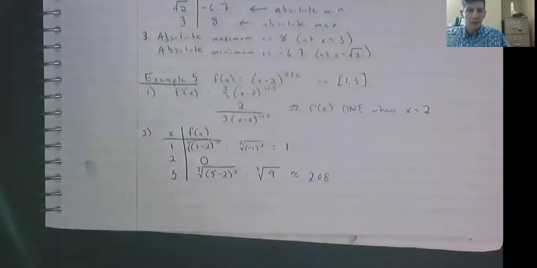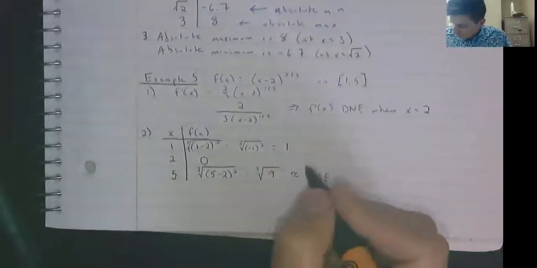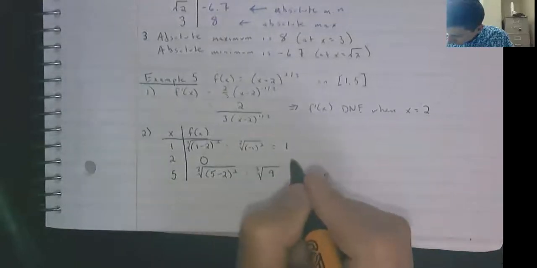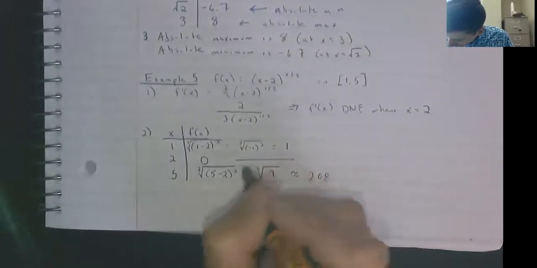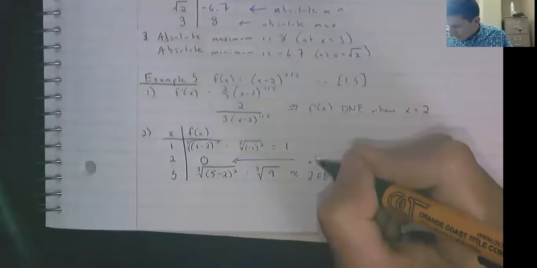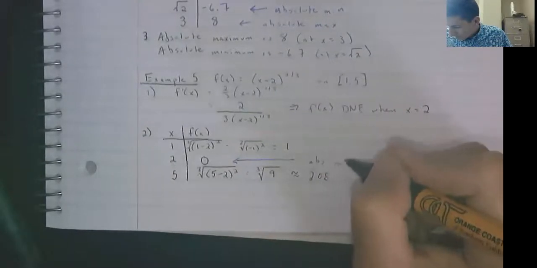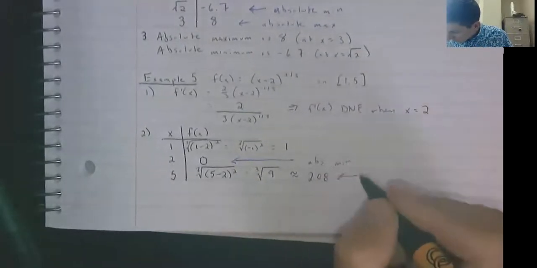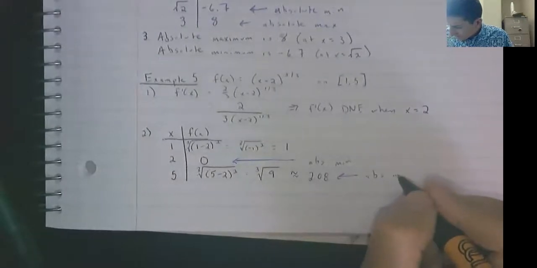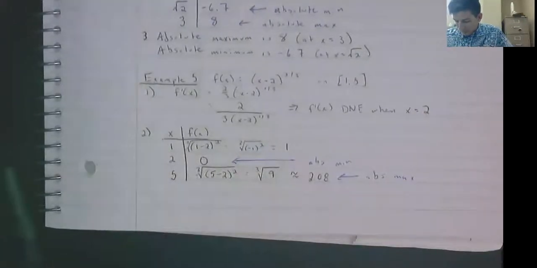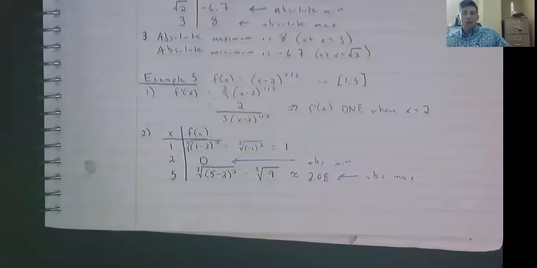Now we just pick out the biggest and the smallest. Smallest. Absolute min. Biggest. Absolute max. And then, of course, being careful as we write this.